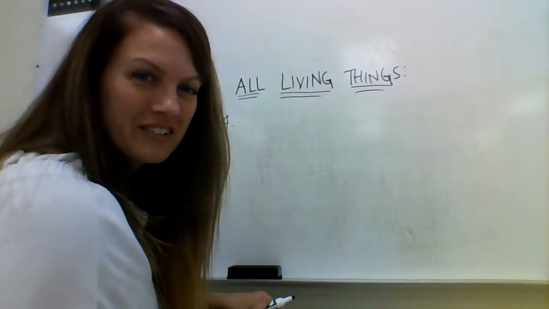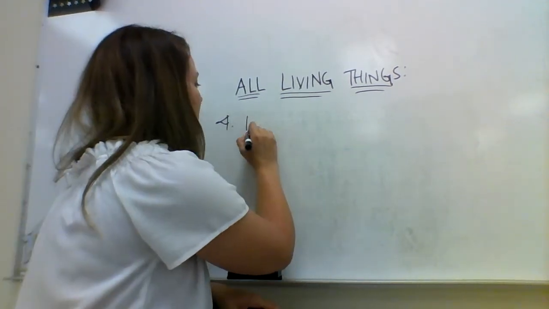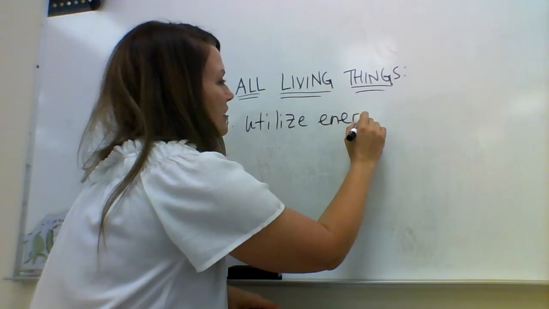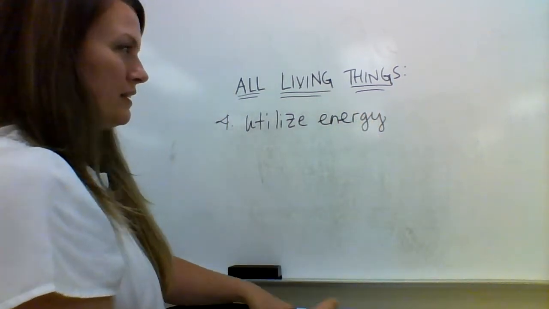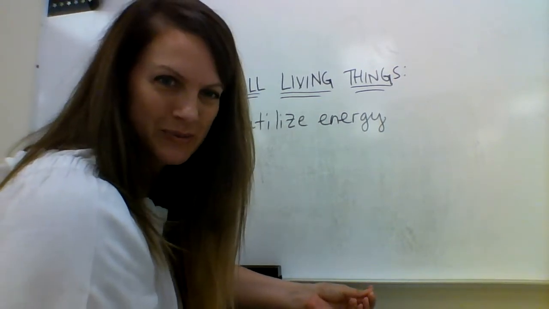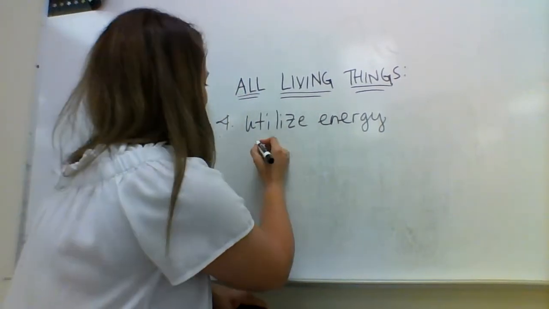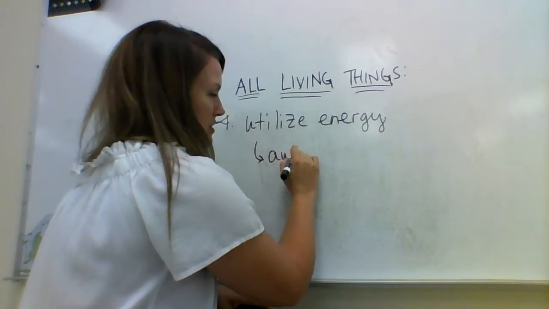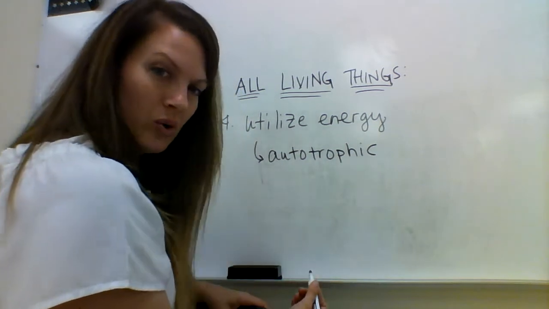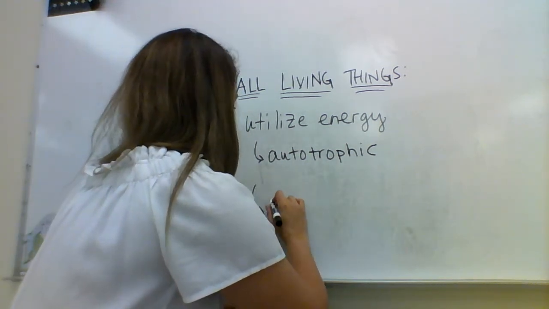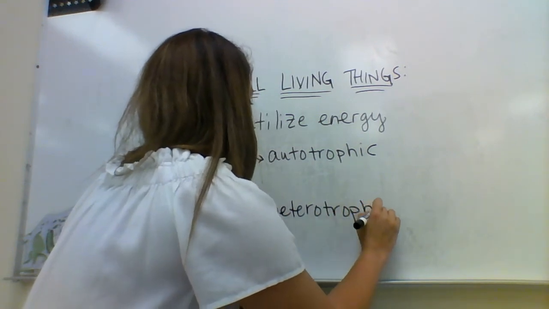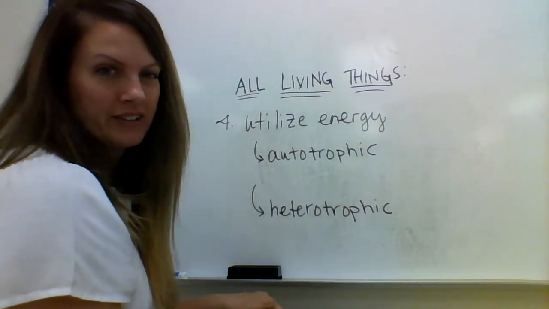Number 4, all living things utilize energy. So using energy, and there are 2 different ways that organisms can get the energy they need. Organisms are either autotrophic or heterotrophic.